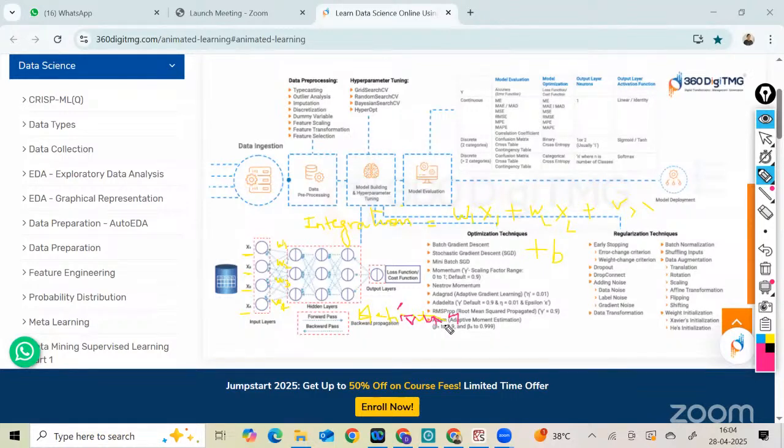And there are AdaGrad, RMSprop, and Adam. These are all adaptive methods which optimize the convergence. What we want is for it to reach the global minima. This is very important.